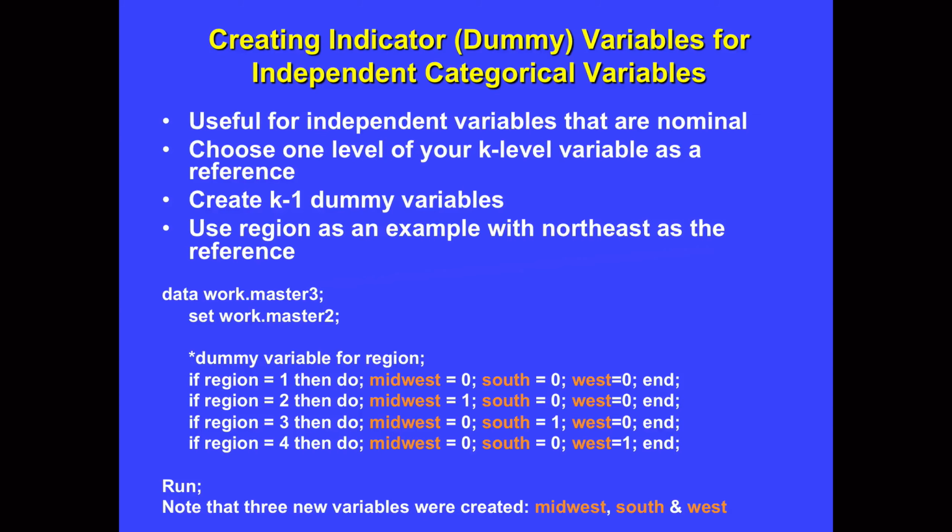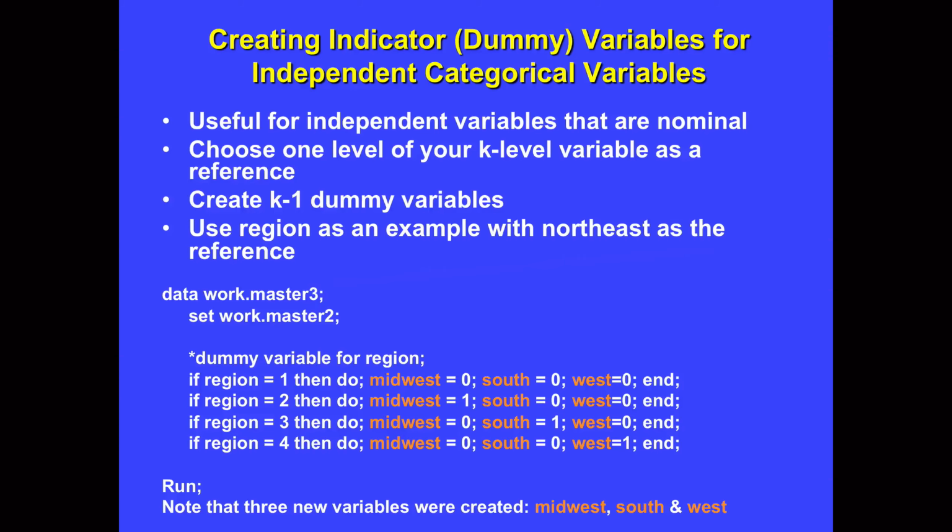So doing this can be very useful when you have independent variables such as region that are nominal in nature. In other words, the values assigned to the levels of the variable are arbitrary, and there's no real a priori belief or hypothesis that there should be a strict linear relationship between levels of that nominal variable and your outcome variable.